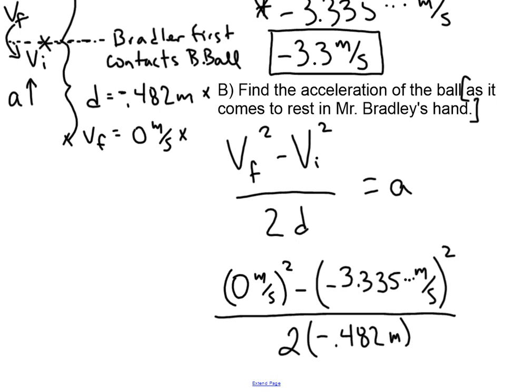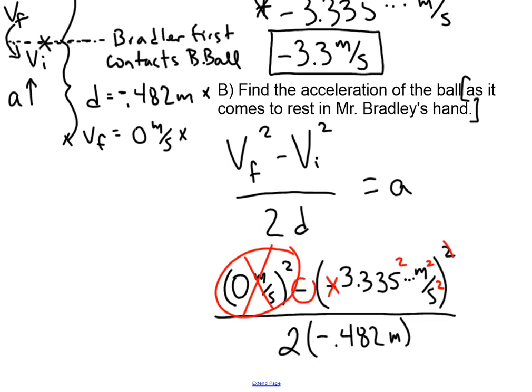Now, when you type this into your calculator, because the Vi is squared, that negative will get canceled when you square the number. Remember that you're also squaring the unit. This 0 squared, 0 times itself, cancels out.